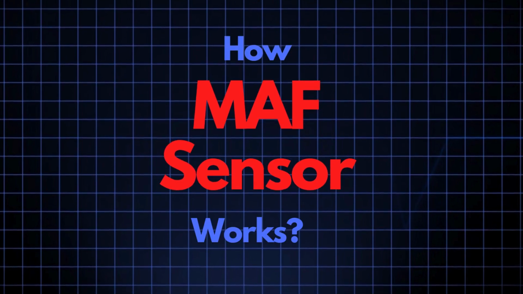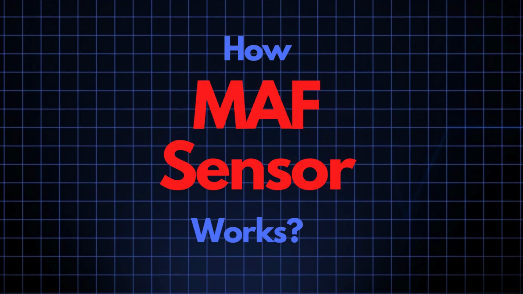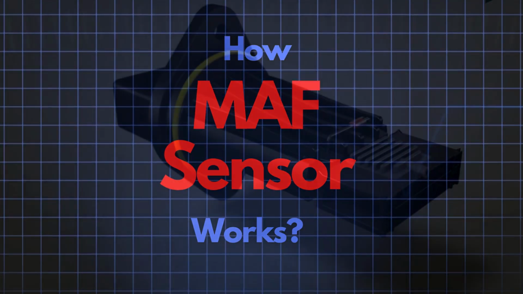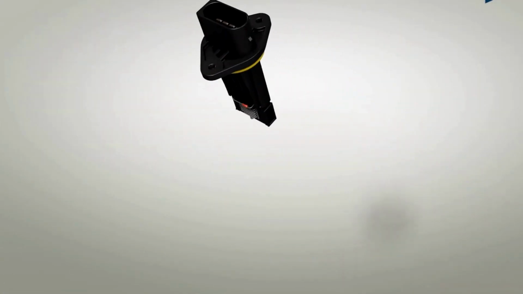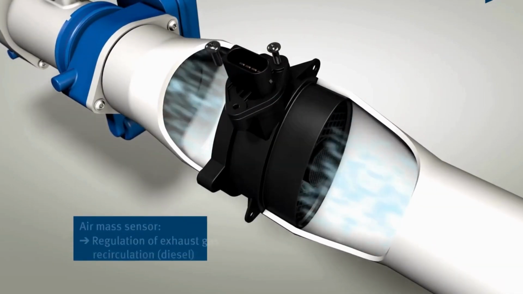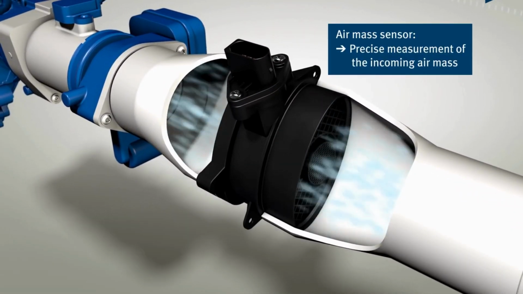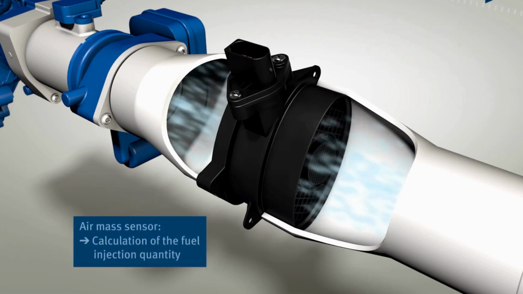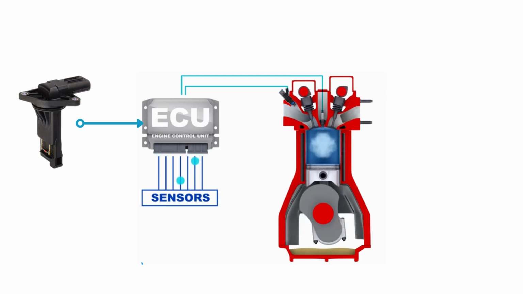needs attention. Now let's talk about what the MAF sensor actually does. The mass airflow sensor is responsible for measuring how much air, and how dense that air is, entering the engine. And this information is extremely important because the engine control module relies on that data to calculate the correct air-fuel ratio for efficient combustion.